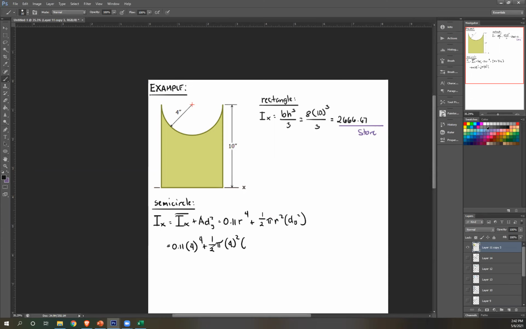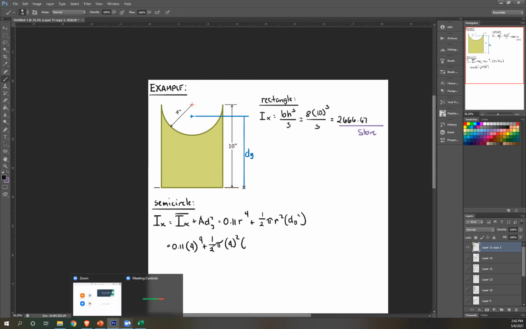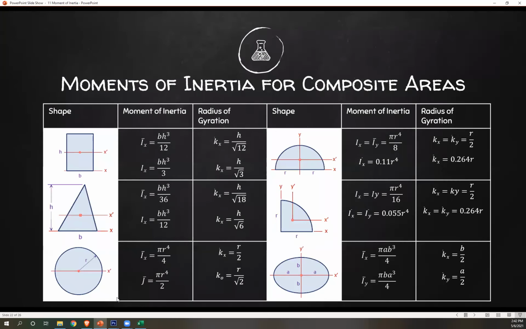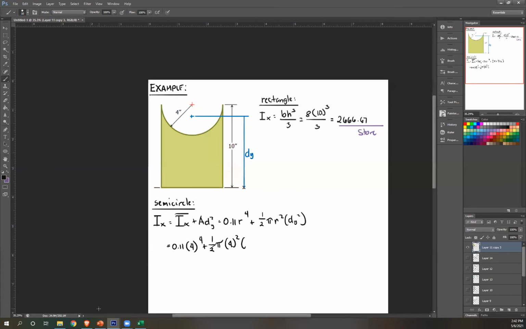So let's see. The centroid of a semicircle is somewhere here, and this is your dy. So the problem here, how am I going to get that? Recall from your topic on centroids, for a semicircle, even for a quarter circle, the distance of the centroid from the flat edge is 4r over 3 pi.